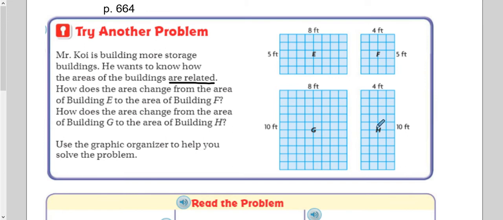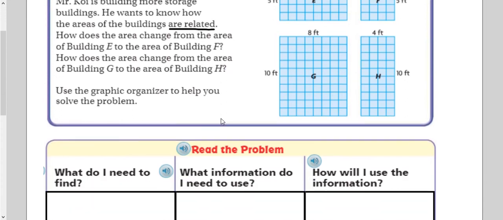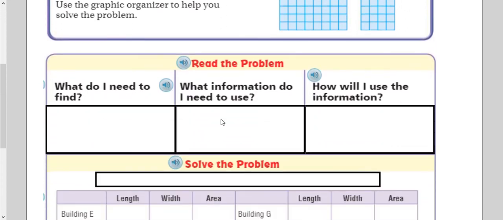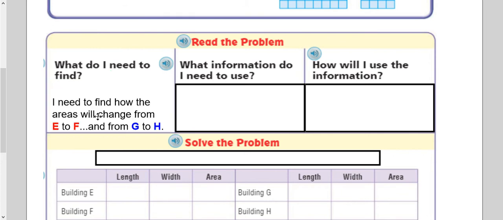All right. So let's come down here. What do I need to find? I need to find how the area will change from E to F and from G to H. It's almost exactly like the problem in the first one.